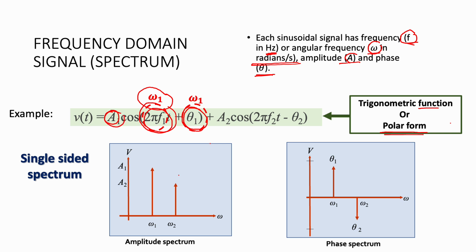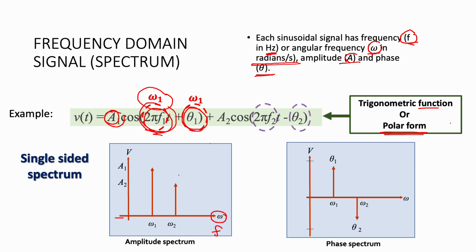Usually in a frequency domain spectrum, our x-axis will be in terms of omega, but sometimes it can also be represented as f, frequency. Usually in normal cases we will represent it as omega. So we have omega 1.